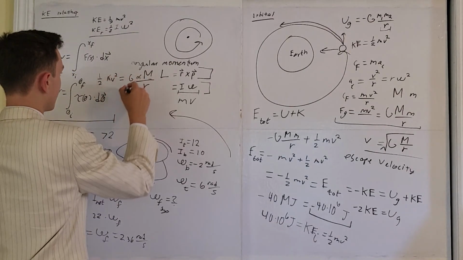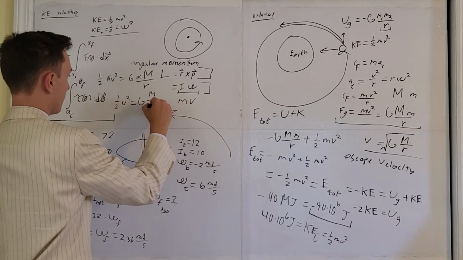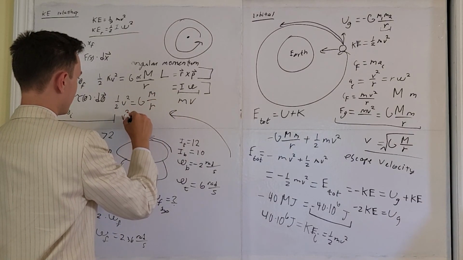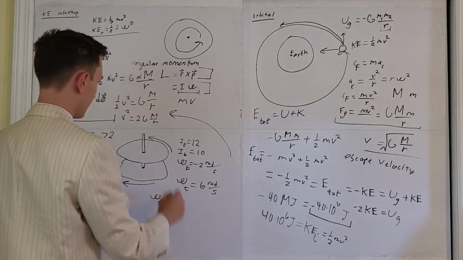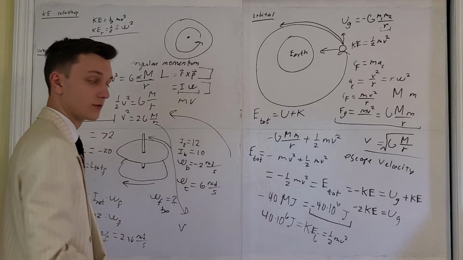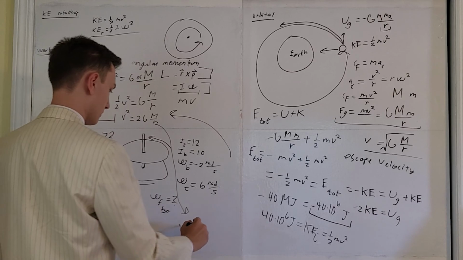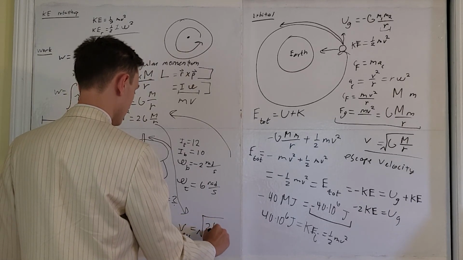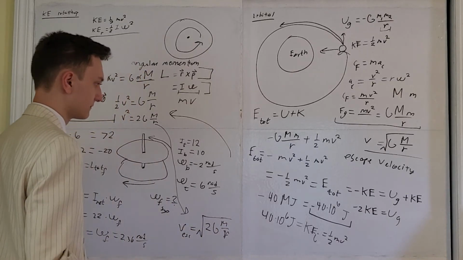Therefore, these two m's cancel. I'm left with 1/2 v squared equals G big M over r. V squared equals 2 G big M over r. And therefore, my escape velocity, the initial velocity I would need to escape the gravitational pull of Earth, is equal to the square root of 2 G M over r. Okay, there we go, guys.